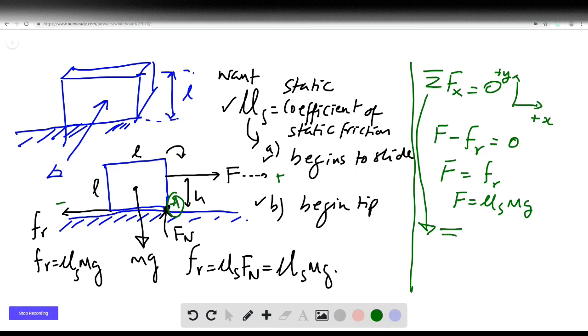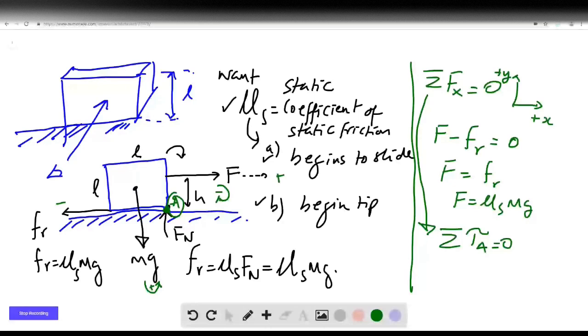And since the system is in equilibrium, if we take the torque around any specific point, the sum of torque around A will be 0. The force is moving towards the right, so the torque it produces about A is negative because that's clockwise, and the weight is pulling downwards, so the torque it produces about A is positive because it's counterclockwise.